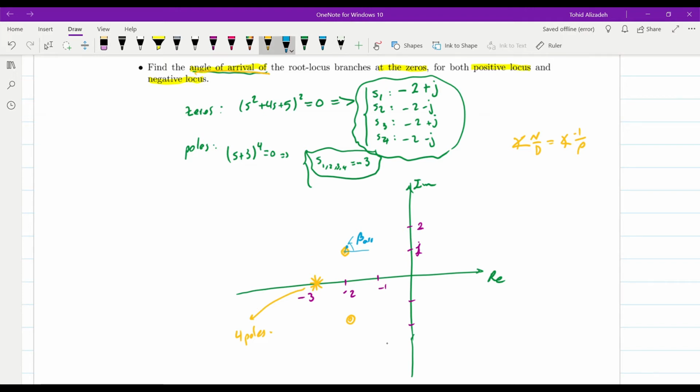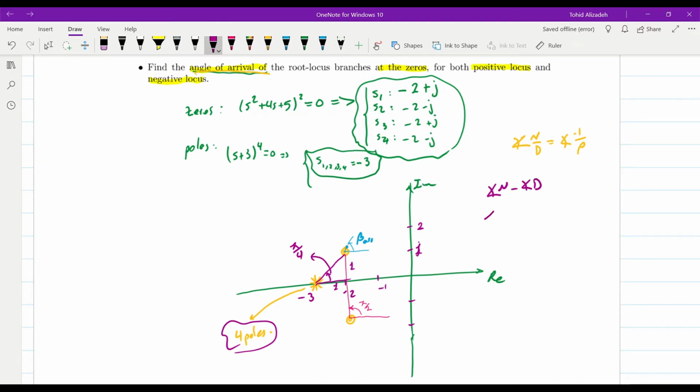Then the next angle to consider is the angle between these 2 zeros and the test point, which is equal to pi over 2. The last angle to consider is the angle between the poles and that test point, which will be equal to pi over 4, and keep in mind that we have 4 of them. So phase of n over d is phase of n minus phase of d.